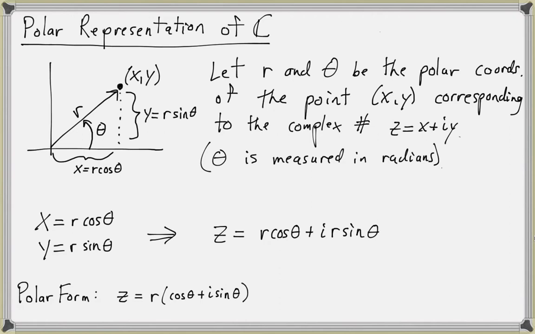And we'll see in a minute we'll have an alternate form called the exponential form, where we're going to rewrite cosine of theta plus i sine of theta. So we're going to assume that r is positive, since the angle theta would be undefined for the complex number 0.